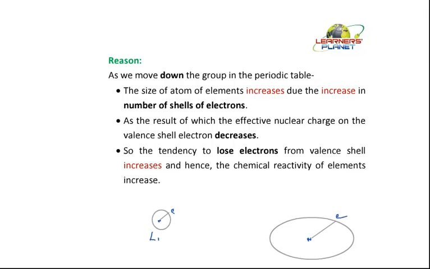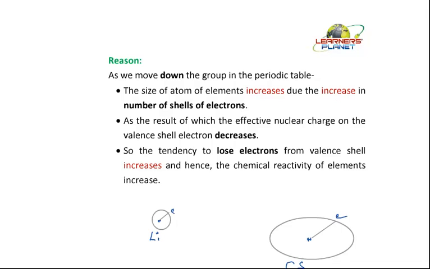So this is your lithium and this is your cesium. You can just guess what is happening. The size is increasing and so the force of attraction will be decreasing. So the tendency to lose electrons from the valence shell increases, and hence the chemical reactivity of elements increases.